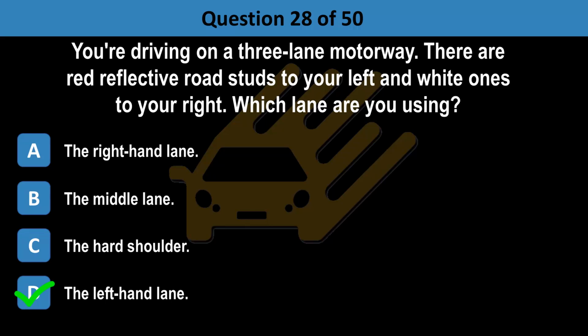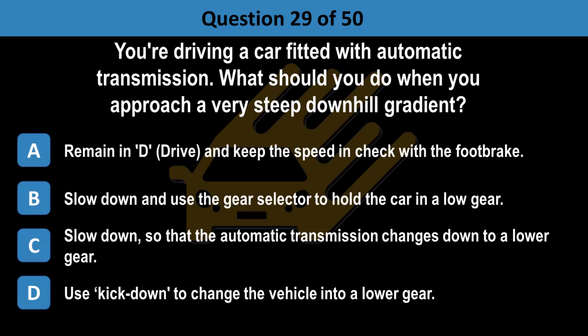The correct answer is D. The left-hand lane. You're driving a car fitted with automatic transmission. What should you do when you approach a very steep downhill gradient? A. Remain in D drive and keep the speed in check with the foot brake.